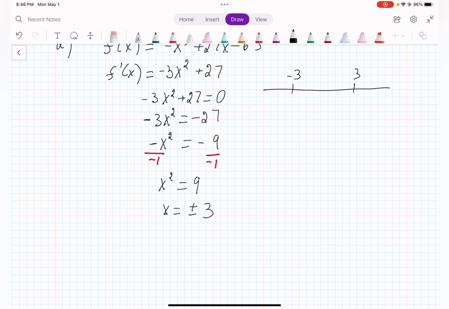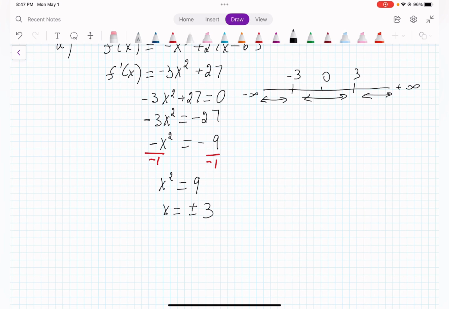Okay. So it's divided into 3 pieces, yes? One piece, the other piece, and third piece. 0 is somewhere here. This is negative infinity, here we have positive infinity. So we have to test all these three intervals.